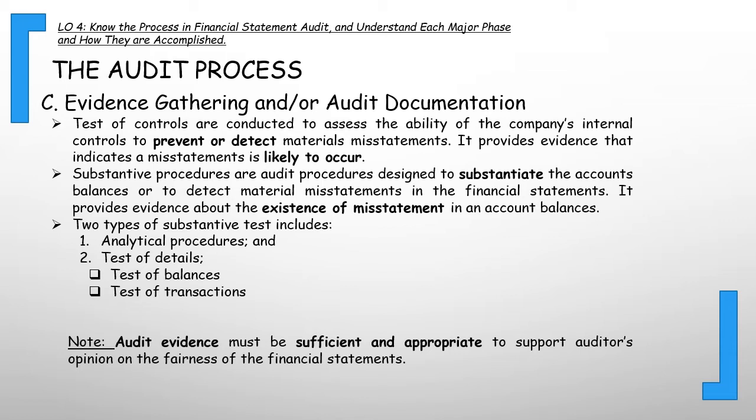Okay? Then, yung test of details naman, bali, examination of details making up the various account balances. Either test of balance or test of transactions. Yung test of balance, bali, direct examination of ending balances of an account. Okay. Example, yung cash. So if we wanted to validate the correct amount of cash, ano ba yung composition niya?